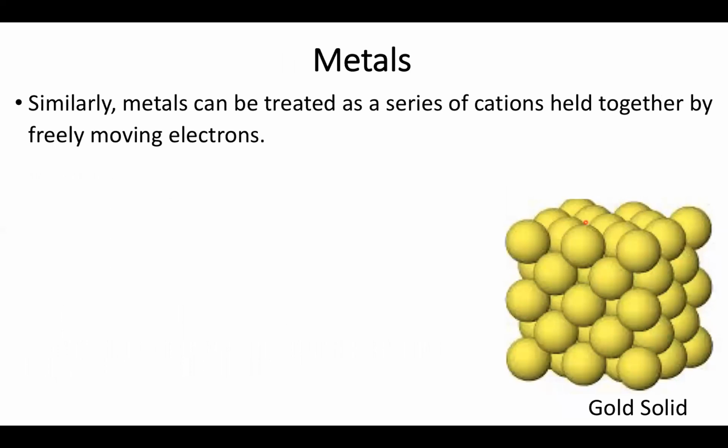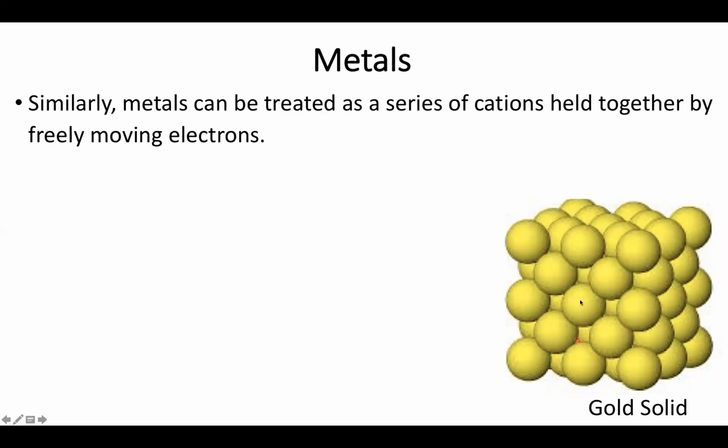Now, similarly to these ionic solids, you have metals. So whereas ionic solids are alternating cations and anions, one way you can talk about metals is thinking about each of the individual atoms as a cation. So in this case, gold. So a gold plus one ion being surrounded by a moving sea of electrons that hold the system together.